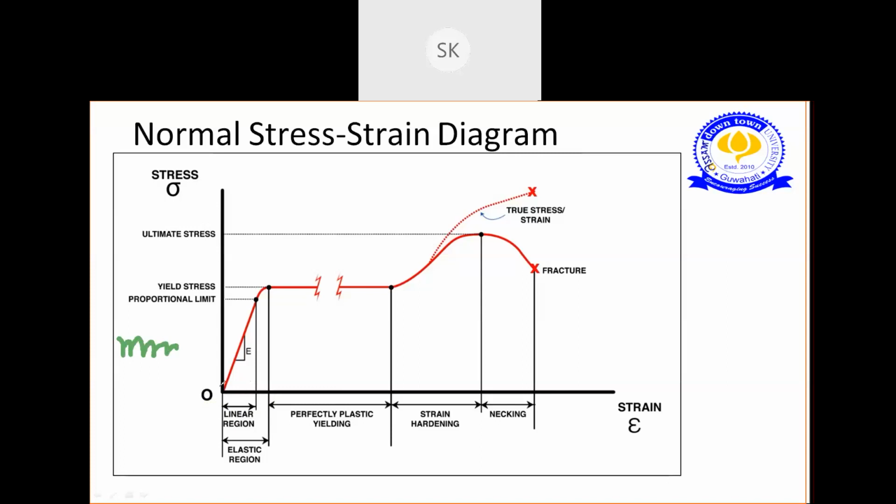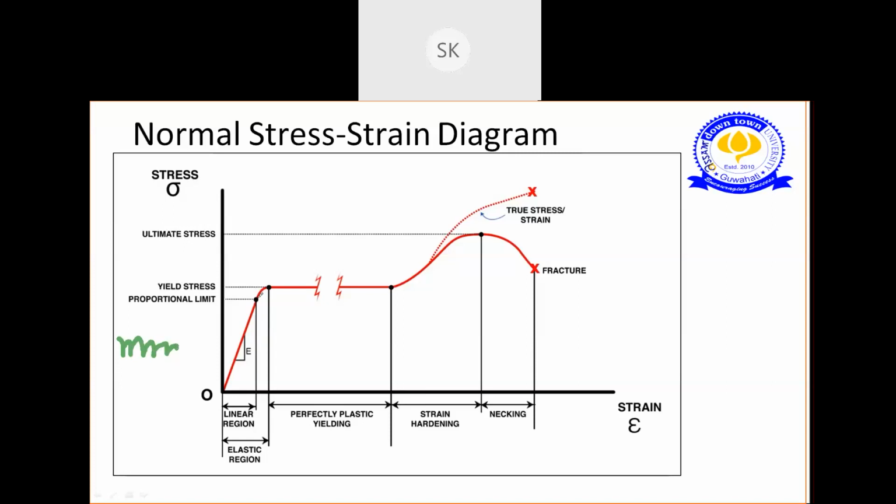So this is your starting point. I'm stretching this spring until some point. This is your first point of the curve. Till this point, your spring will come back to its original position whenever you stretch.